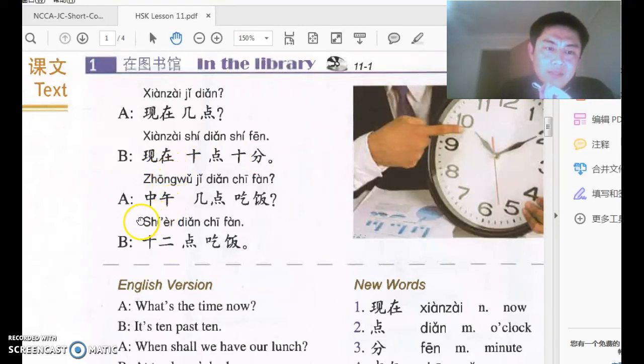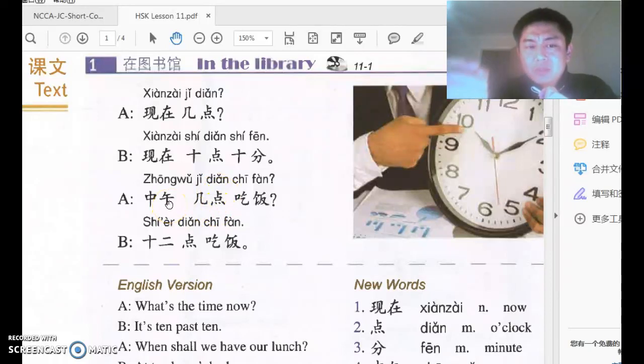And then A continues to ask, 中午几点吃饭? 中午 is noon. 几点 how many o'clock? So how many o'clock around noon? In English people get confused. Noon is 12 o'clock, so why are you asking how many o'clock around noon? But we have quite a different understanding of the word noon. When we say 中午 in Chinese, it's around 12 o'clock.